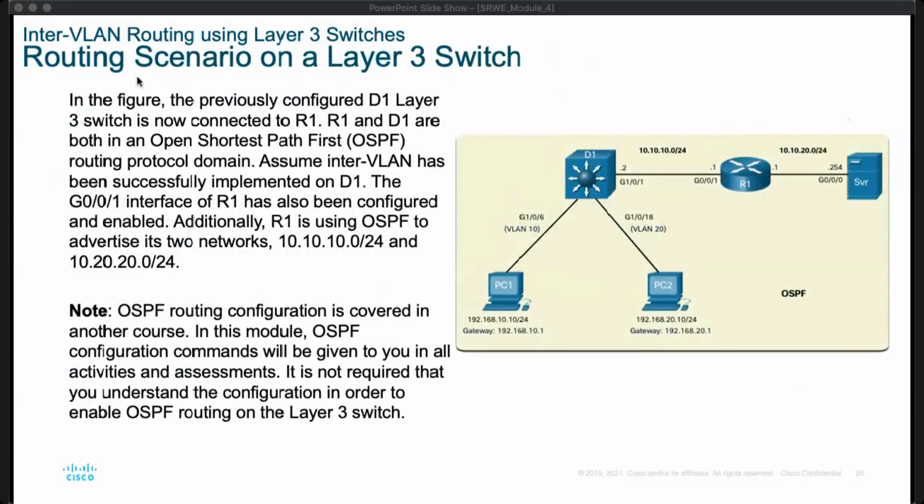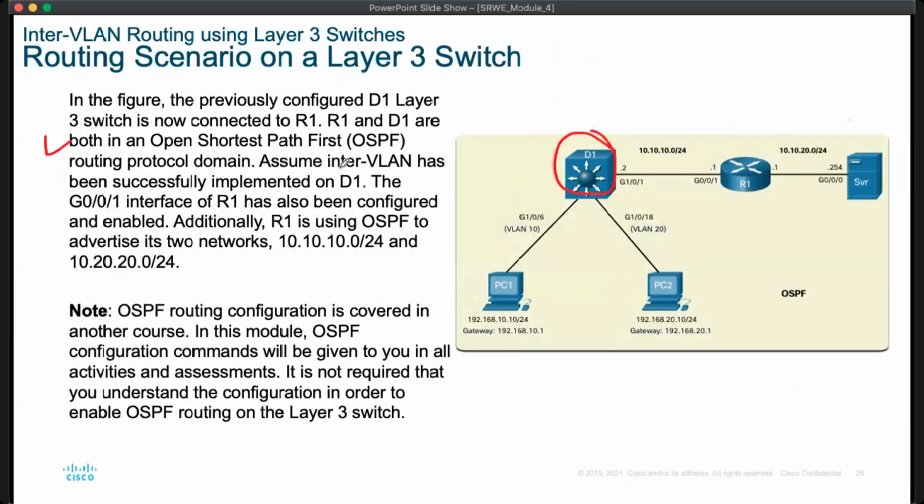A routing scenario on a layer 3 switch. In the figure, the previously configured D1 layer 3 switch is now connected to R1. And then R1 and D1 are in an Open Shortest Path First, OSPF, routing protocol domain.